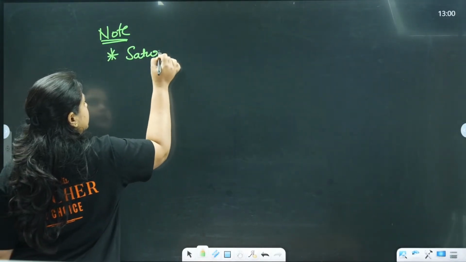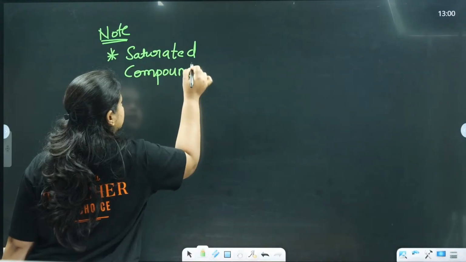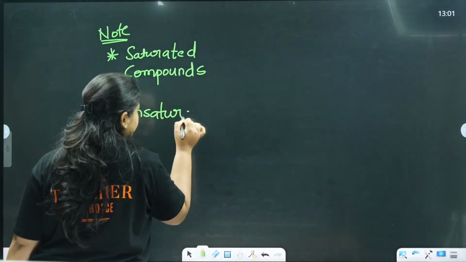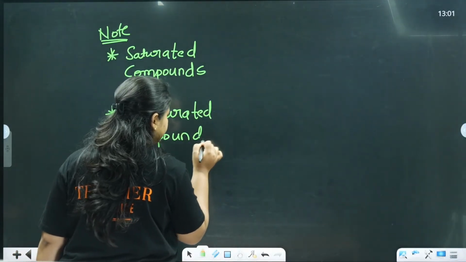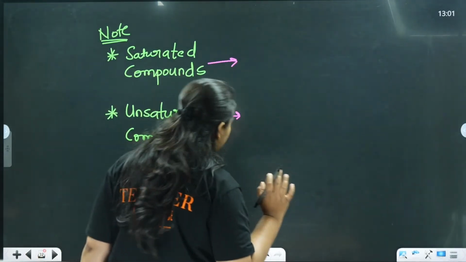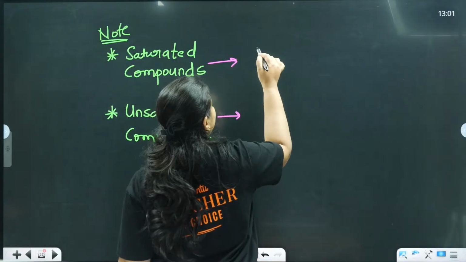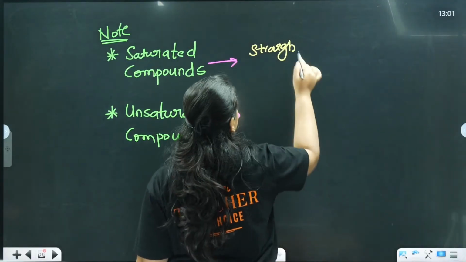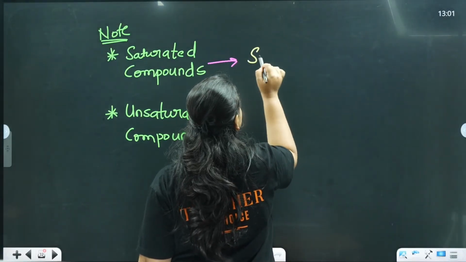What are saturated compounds? So all the saturated compounds which are present, where are they going to be included? Don't just say saturated compounds means straight chain, don't mention it that way. Saturated compounds, let us think of it as all single bonds.